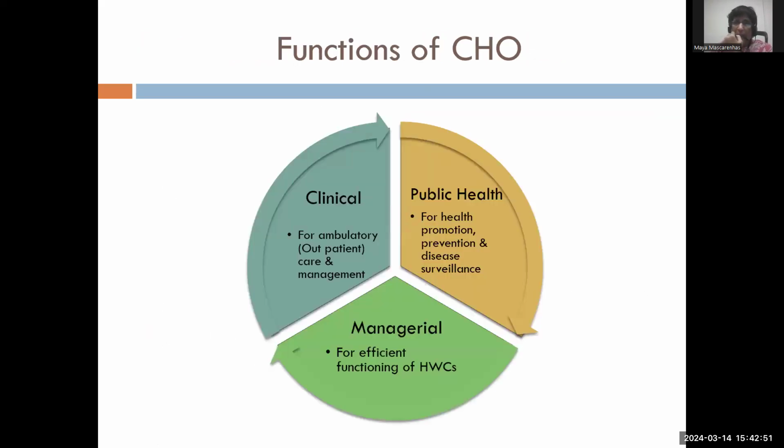Now, this diagram you must learn by heart. A CHO has only three functions. The first function is clinical. Okay. That means looking after the patient. We will go through that. The second function is public health, because the CHO is looking after a sub-center area or health and wellness center that usually covers 4 to 5 villages, 5,000 population.